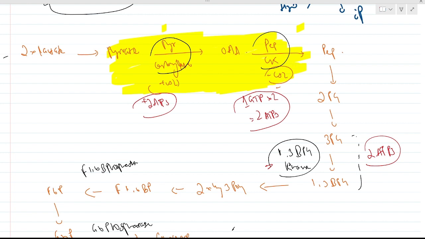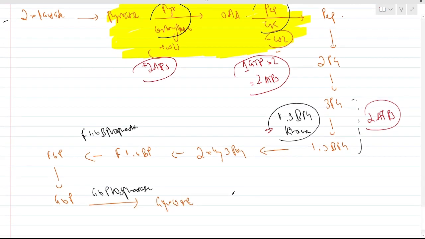2 ATPs are actually utilized here, because this step takes place in the fasting state. The fasting state utilizes energy.